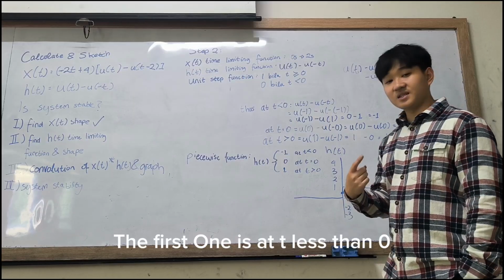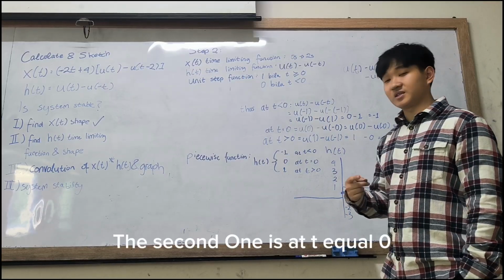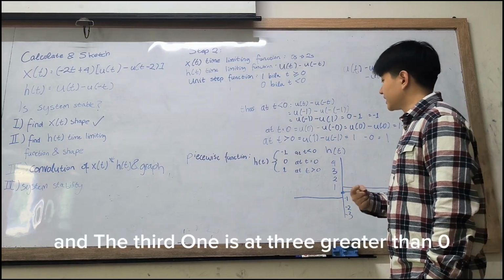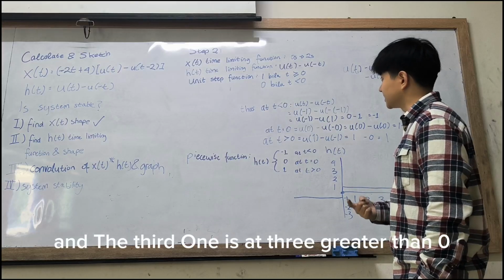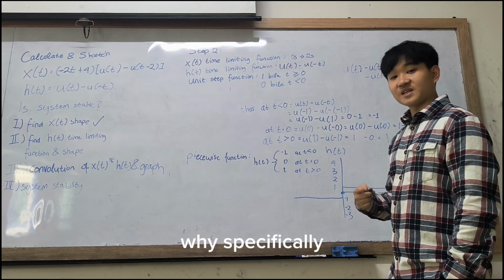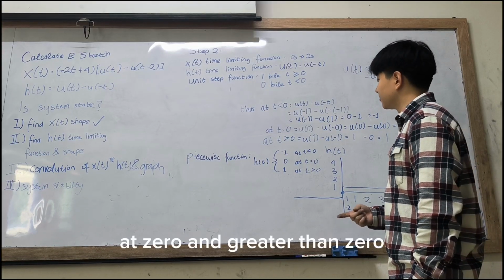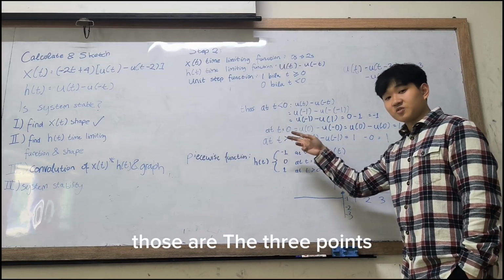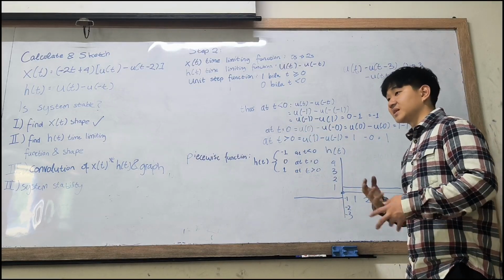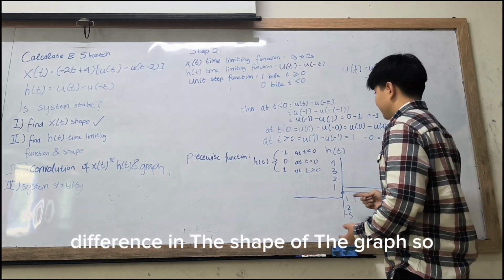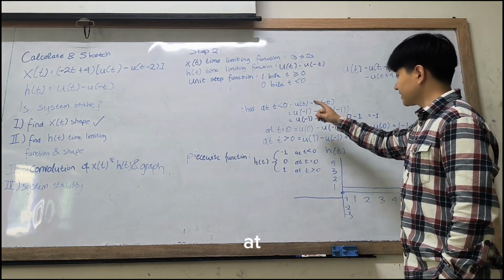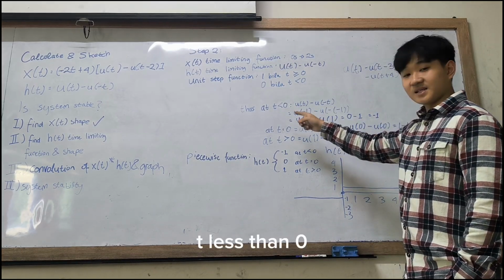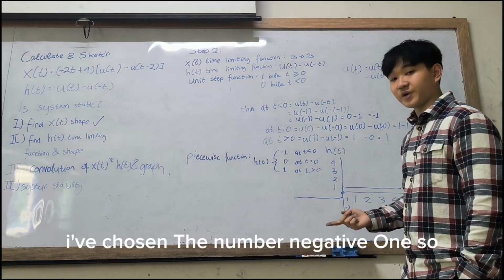The first one is at t less than 0, the second one is at t equals 0, and the third one is at t greater than 0. Why specifically below 0, at 0, and greater than 0? Well, it is because those are the 3 points where they actually make a difference in the shape of the graph.